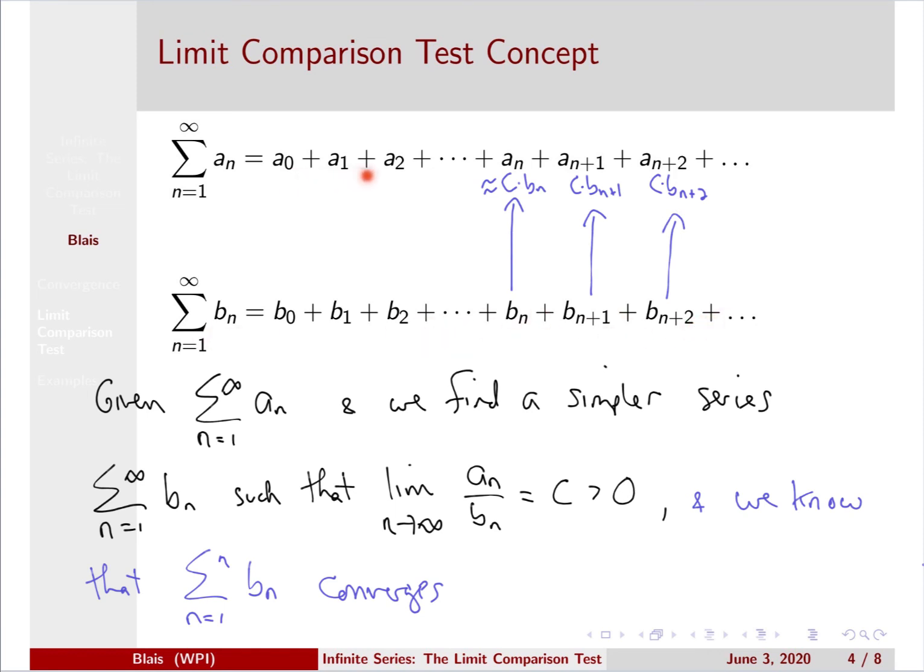And so as you're adding up these terms, going further and further down the line, the more and more this sum is looking like a sum of c times each of these terms. And that's what causes them to have the same type of behavior. But again, the key thing to recognize is, the way you use this, you're given a series, you find a simpler series that you understand, establish this limit condition, and use what you know about it to conclude convergence or divergence of the a sub n's.